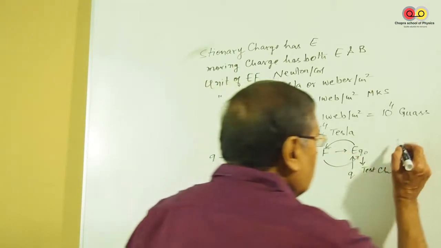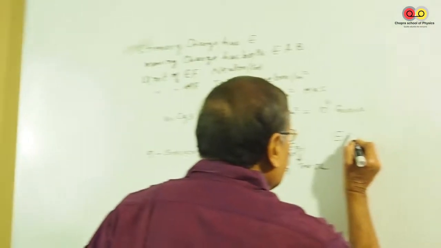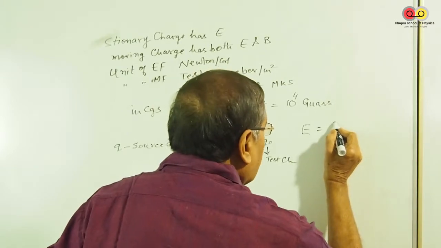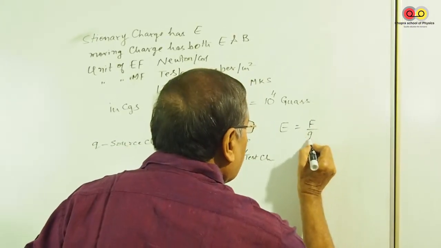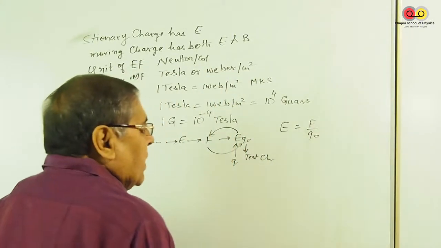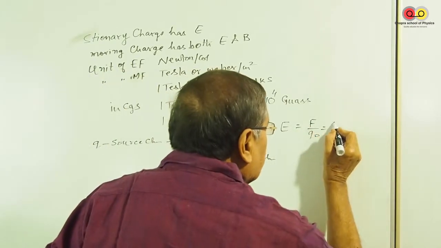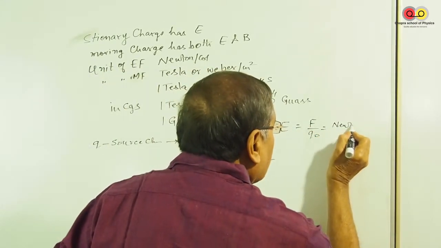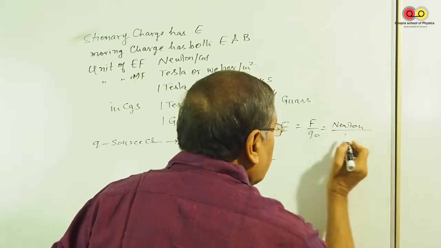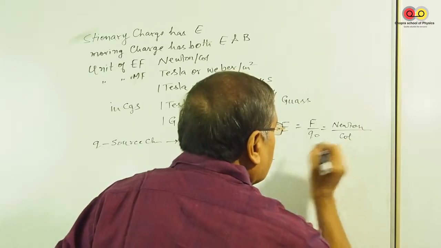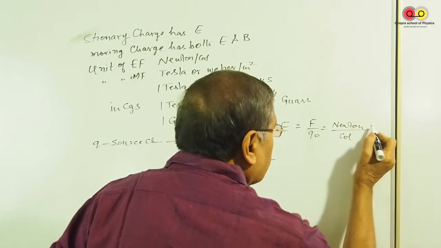So we will say now that electric field is F over Q naught. Force will be in newtons and charge will be in coulombs, amperes.